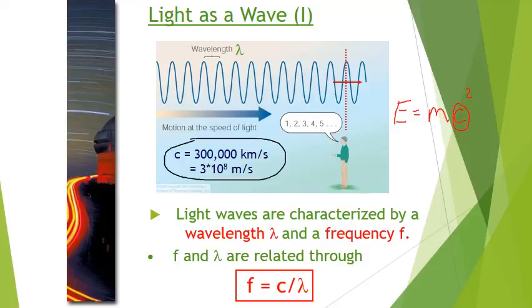The speed of light is not infinitely fast. Light does travel at a very, very fast rate, but it is not infinitely fast. It travels at a speed of 300,000 kilometers per second, as you notice here. Another way of putting that is 300 million meters per second, or in more American units, 186,000 miles per second.